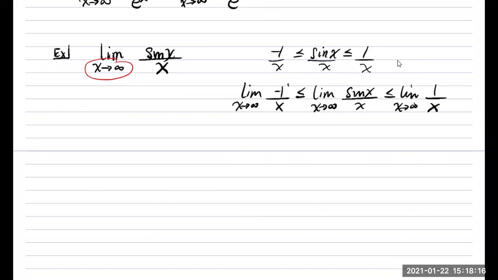And so therefore, this fraction is going to go to 0. And in a similar way, this fraction is going to go to 0 as well. What we're left with in the middle is this, right? And you've got a less than or equal to symbol and a less than or equal to symbol. The only way algebraically this inequality makes sense is if the number in between is 0 also.